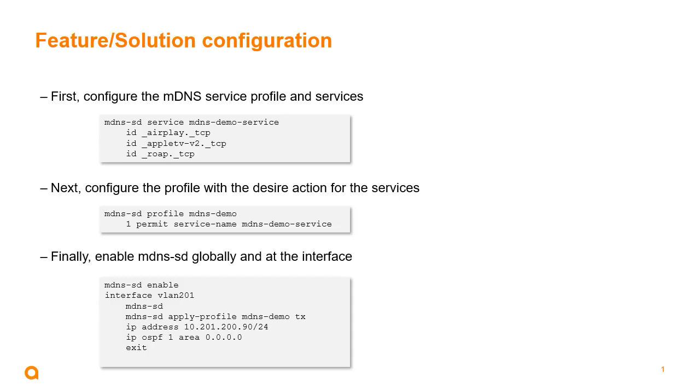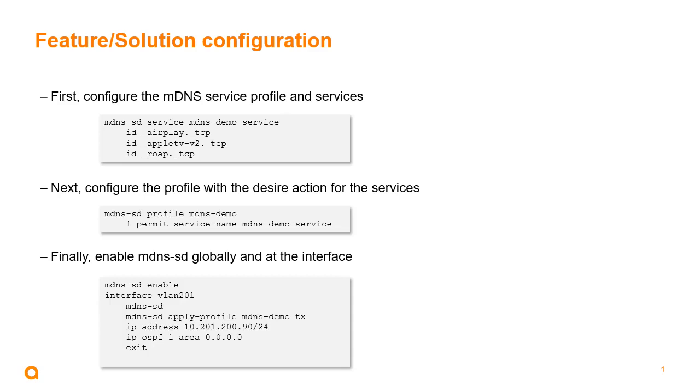In this one, I'm using Apple TV, and the ones Apple TV usually uses are AirPlay, Apple TV v2, and RAOP. These are the specific TCP services we're configuring: airplay.tcp, appletv-v2.tcp, and raop.tcp.